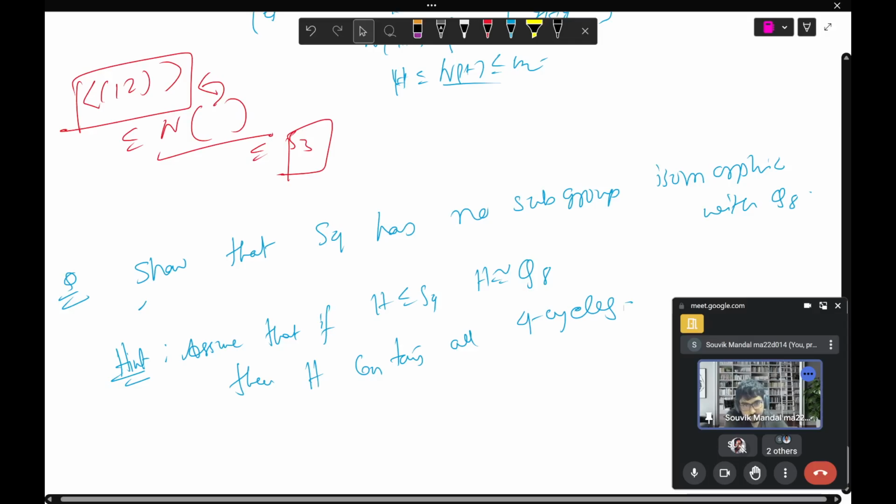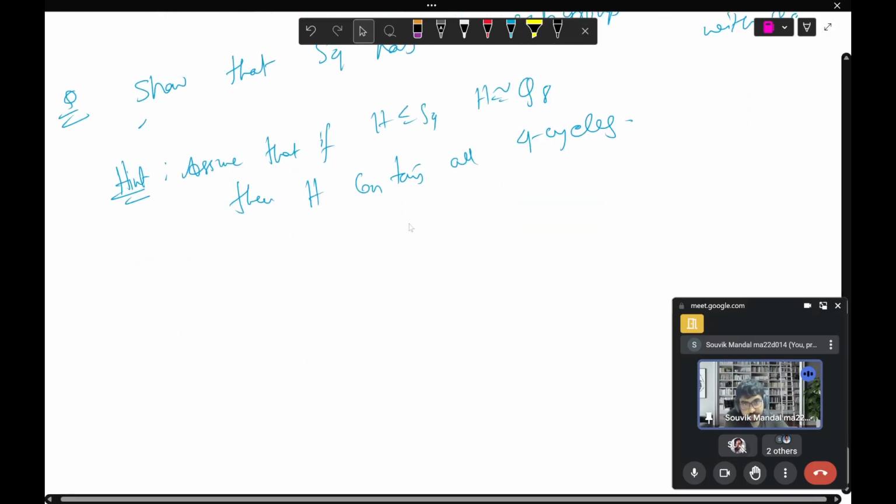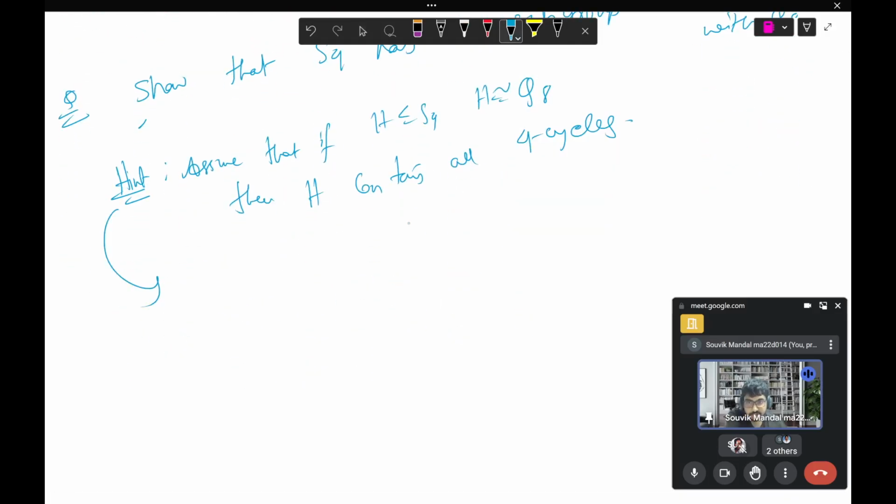Okay. So the argument goes as follows. Assuming the hint first: if H contains all 4-cycles, suppose (A B C D) is one 4-cycle. Then its square will be a 2-2 cycle. So the square of its element is a 2-2 cycle.